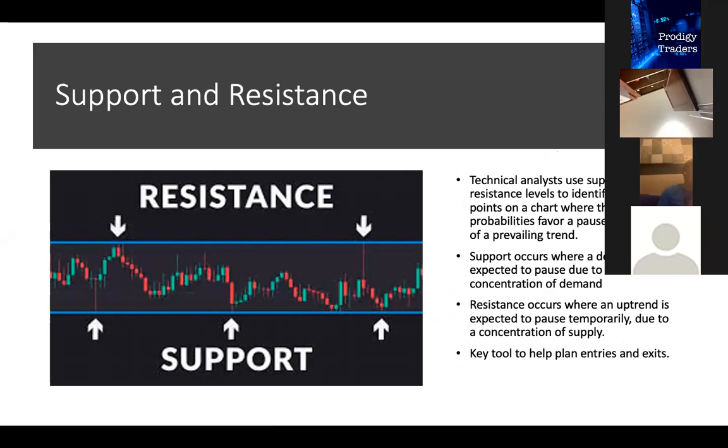I can read you the textbook definition, but to give you a more relatable definition: your resistance point is where a stock pushes to a price, but it can't seem to break that price, and it gets what's called rejected, which means that sellers come in and they start selling, pushing the price back down. It's called resistance because the stock has resistance breaking that price point.